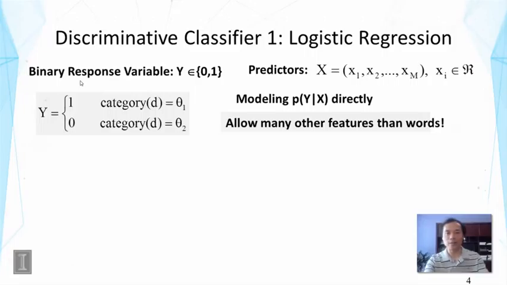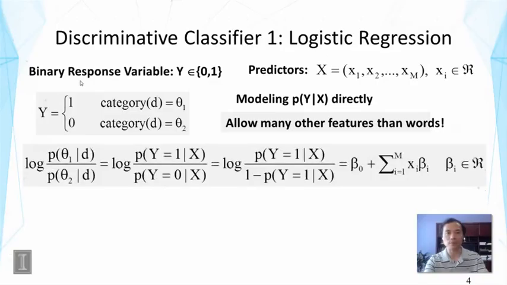Another advantage of this kind of approach is that it would allow many other features than words to be used in this vector. Since we're not modeling the generation of this vector, we can plug in any signals that we want. So this is potentially an advantage for doing text categorization.